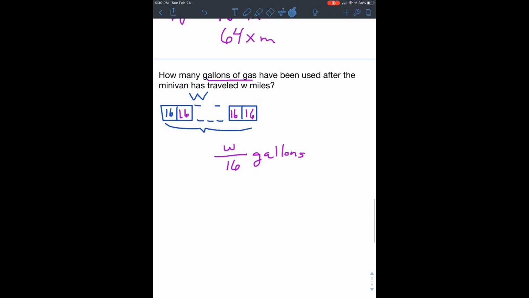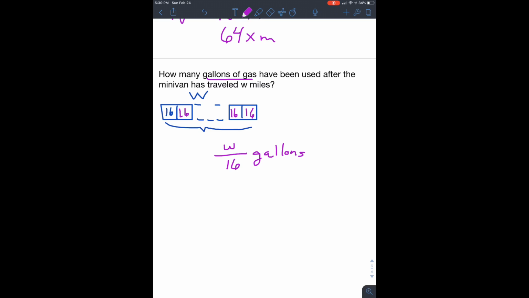Now, let's evaluate that if W is 32. So what we're saying is we went 32 miles. That was our total distance. So we have our formula we came up with up there, W over 16.